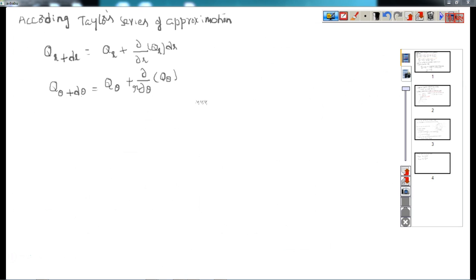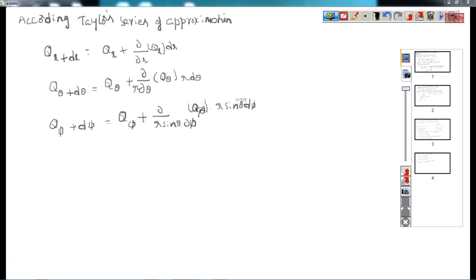Now the same way, Q phi plus d phi is equal to Q phi plus dou by dou phi of Q phi into r sin theta d phi.